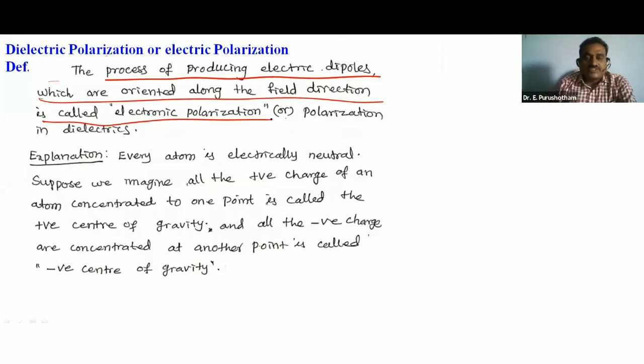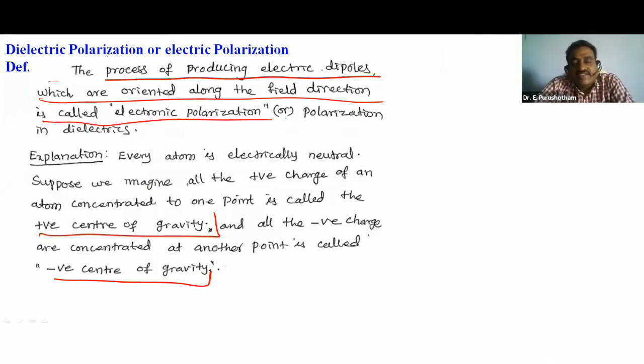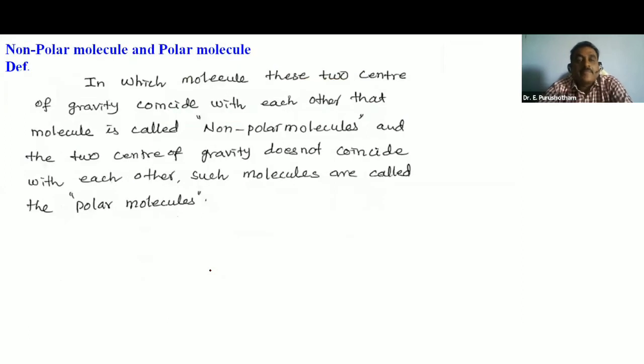So what is the positive center of gravity? The total positive charge concentrated at one point is called the positive center of gravity, and all the negative charges concentrated at another point is called the negative center of gravity.